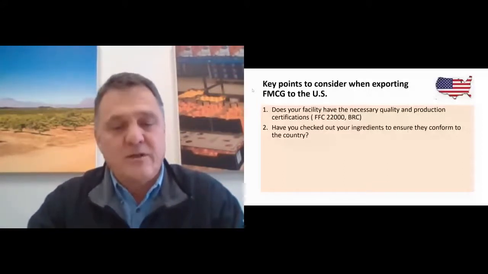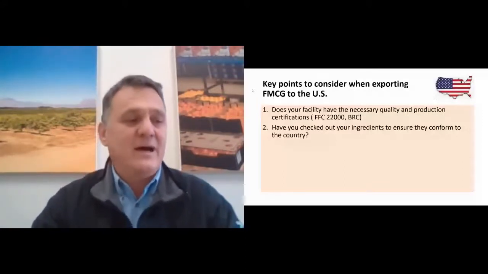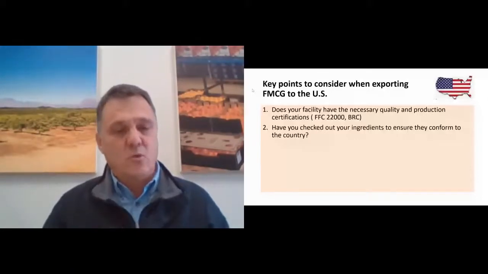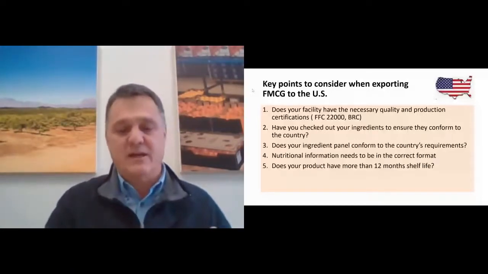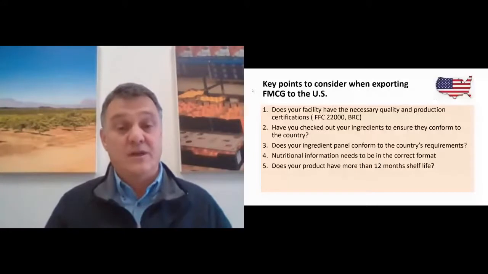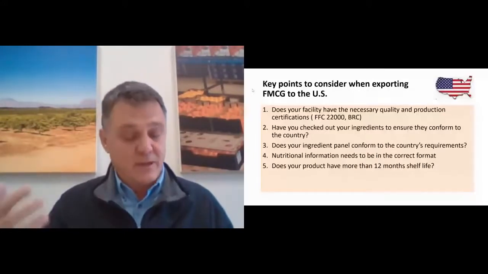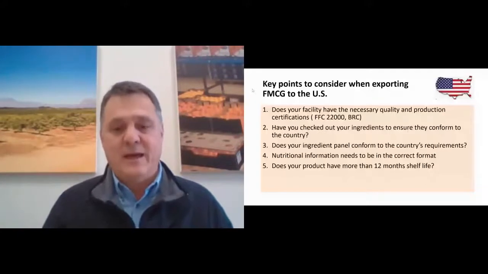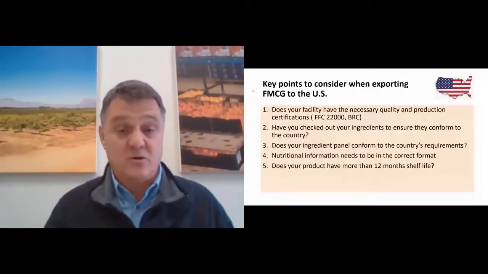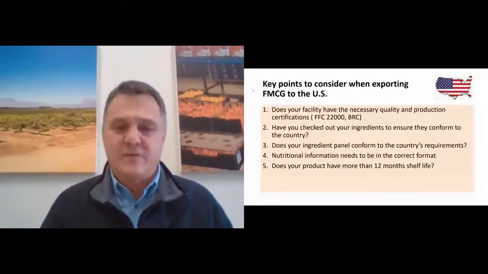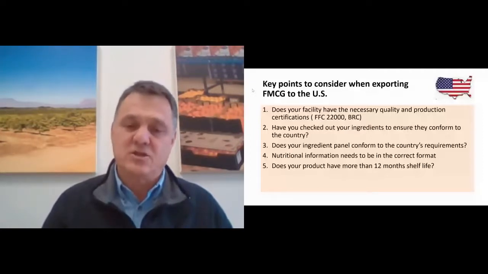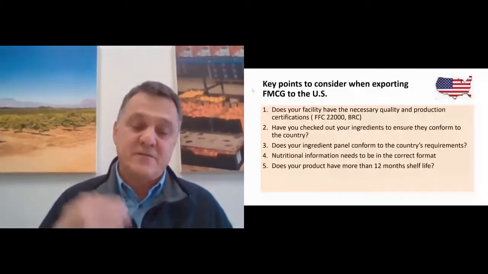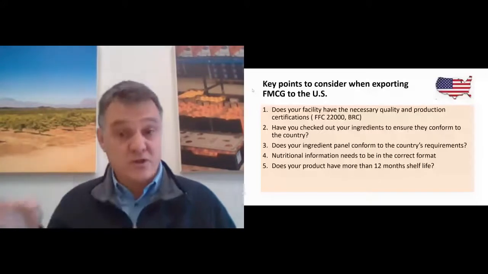If your product has longer than 12 months of shelf life, it allows you to get product on the water, into the supply chain, and to the retailer with enough time for the product to go onto shelf and be sold. A number of countries look at shelf life as being 50% of the original shelf life.